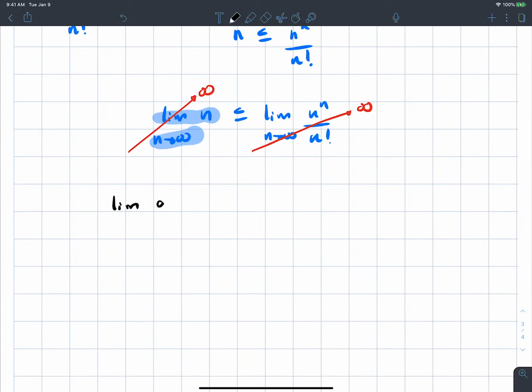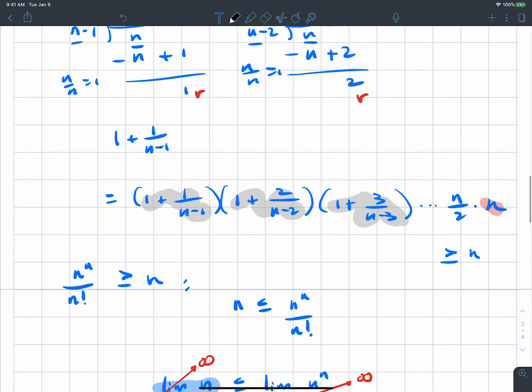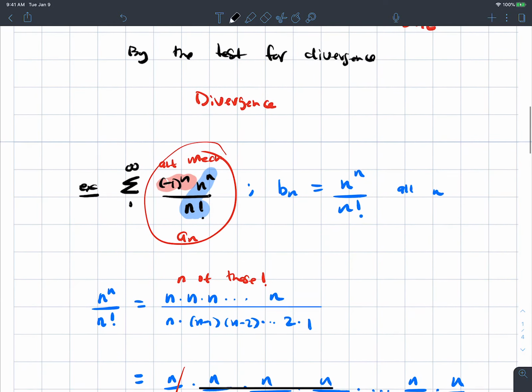The limit of An, which is the limit of (-1)^n times n to the nth power over n factorial, let's double check that that's the real question. Yeah.